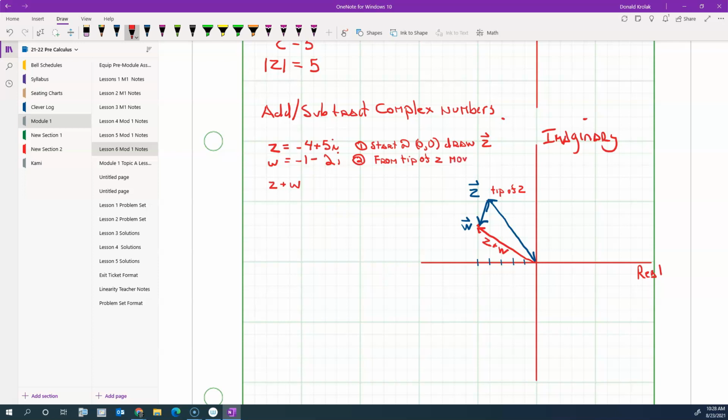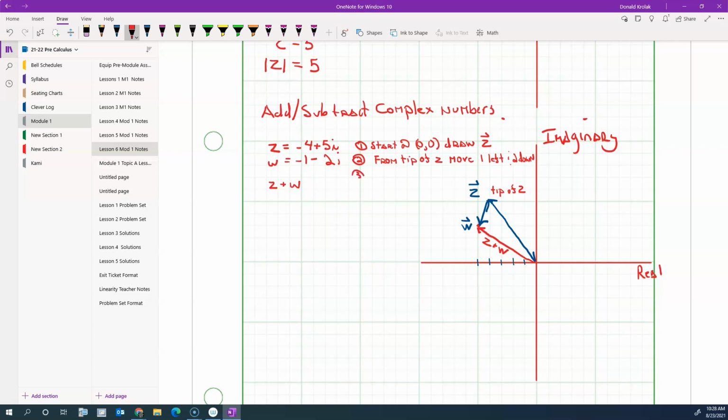Your answer is whatever the endpoint is.